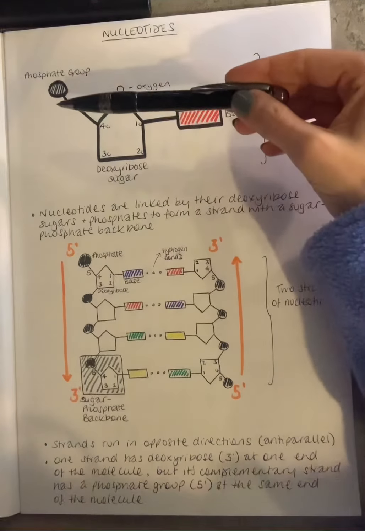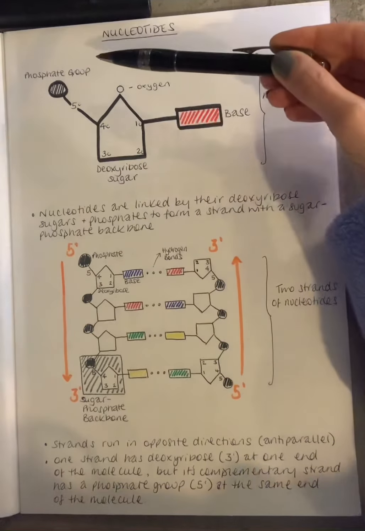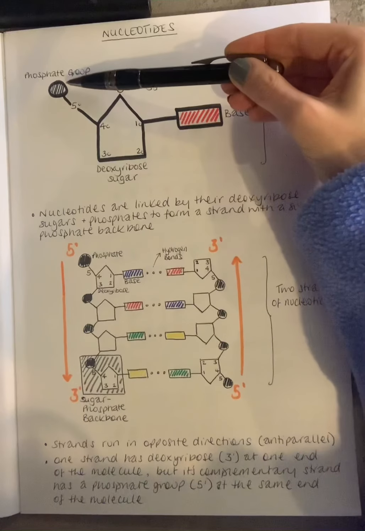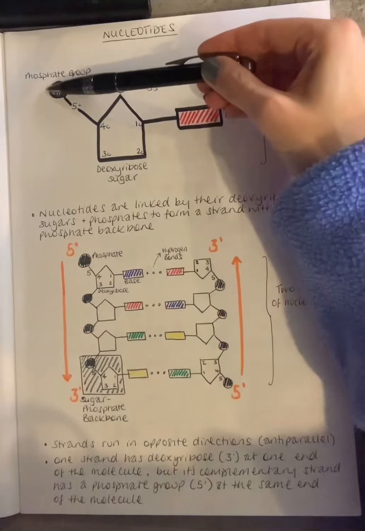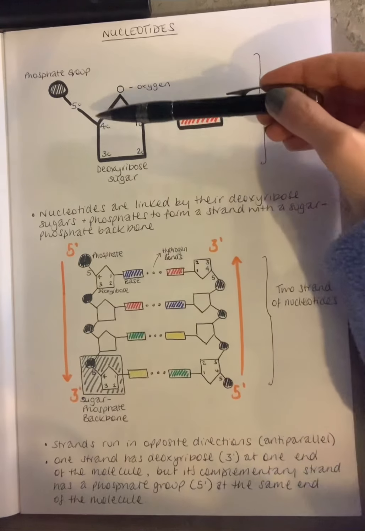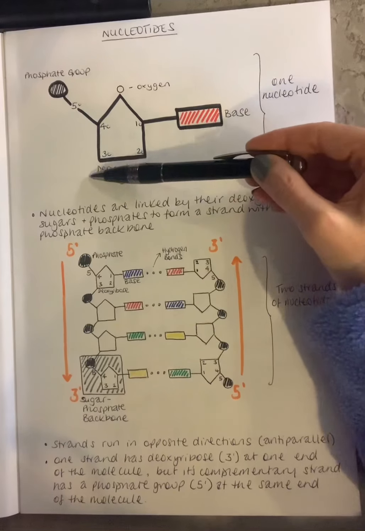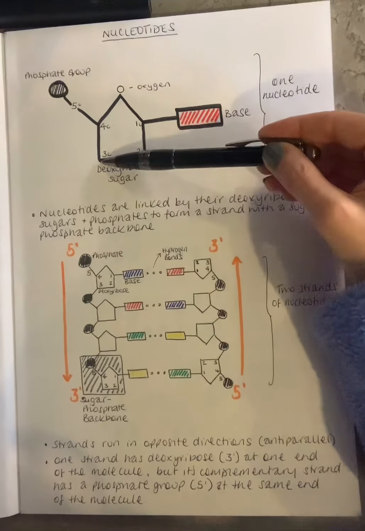But we're going to have 2 ends to the strand. So one strand will have these phosphate groups at the end of it, so our 5 end, whereas at the end of that strand there won't be another nucleotide being attached onto this one.